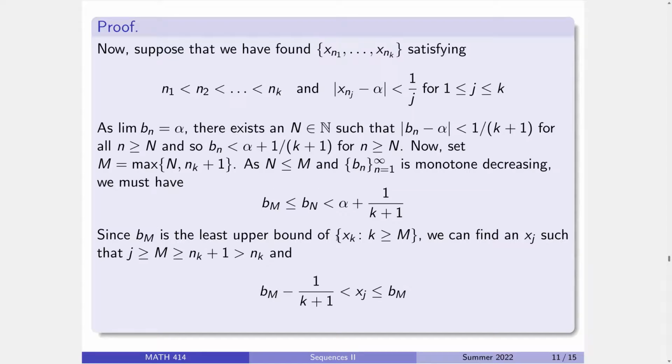B sub m is a least upper bound of something. So if I pull off a term, I can find an x sub j. Note, the j needs to be at least m. m is bigger than this, which is strictly less than n sub k, and there we go. And then my x sub j needs to be bigger than this, but less than or equal to that.